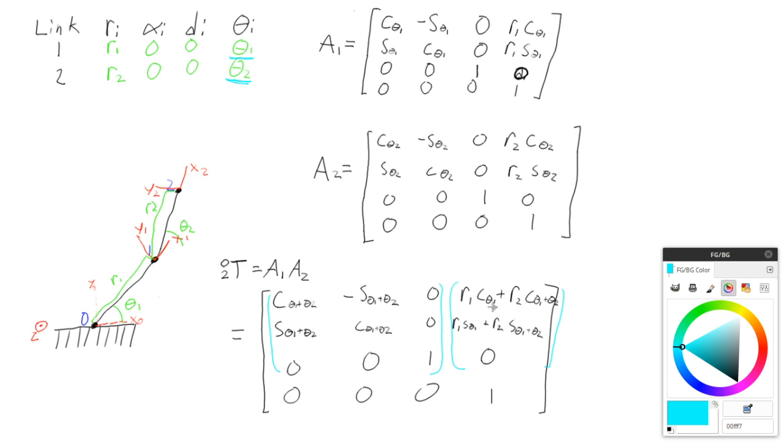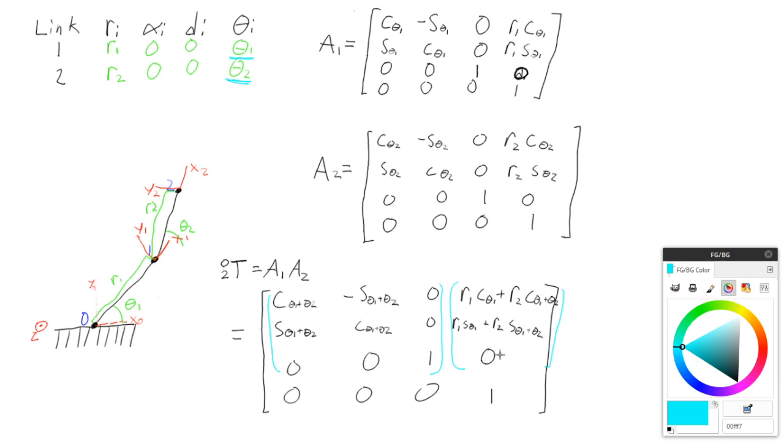What's nice is this point is at the origin of this coordinate system, so we don't have any offset. That means we can just use the translation to figure out where x2, y2 is relative to 0.